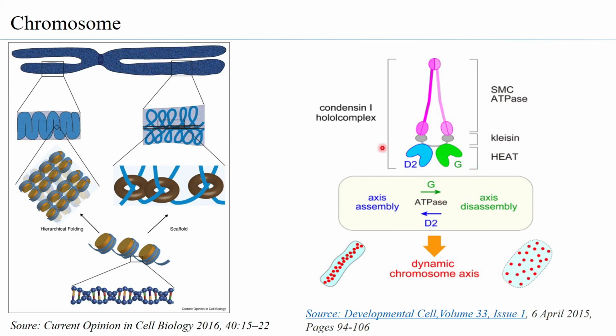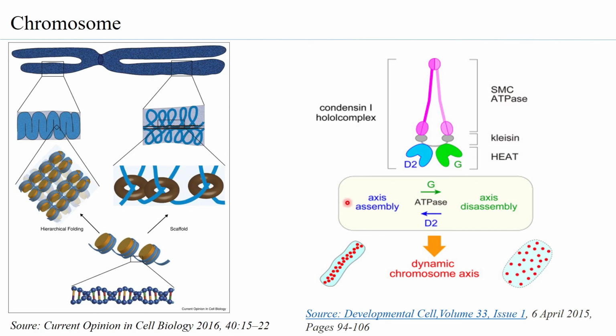a scaffold is formed. Along with condensin 1, you also have other non-histone proteins like, for example, TOPO2. And of course, cohesins also play an important role, because the cohesins, in the early prophase stage, bring 2 homologous chromosomes together.